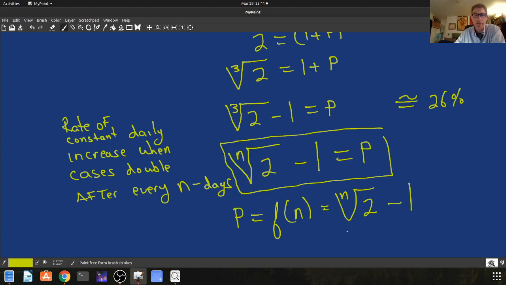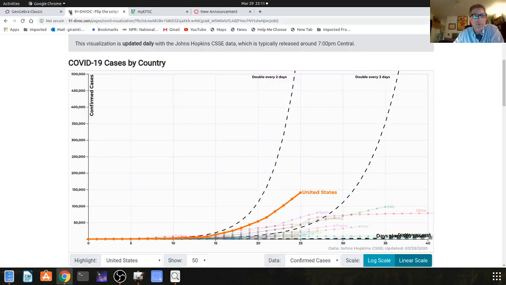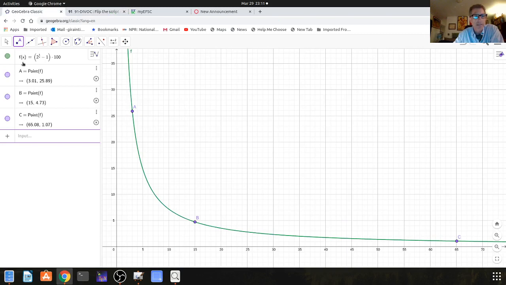This is a decreasing function. And I actually have that graph for you. It's right here. This is f of x is equal to 2 to the 1 over x minus 1, times 100. So I went ahead and multiplied it by 100. It's the equivalent in GeoGebra to the formula I just showed you.